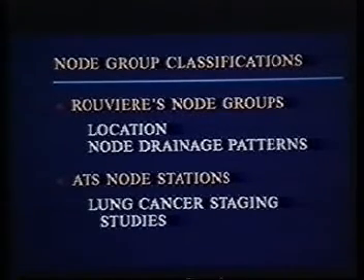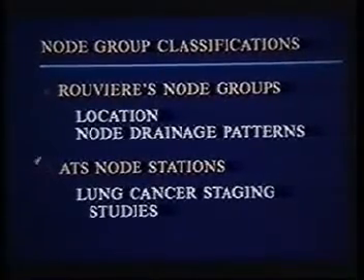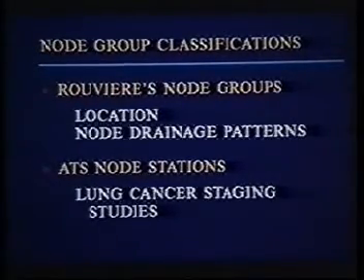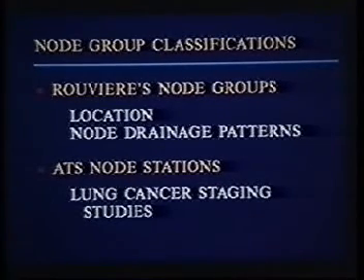Now, regarding the classification of mediastinal node groups, there are several classifications available if you want to localize or classify mediastinal lymph nodes. Rouviere's study from the 1930s, which described lymph node groups and lymph node drainage pathways in the lung and in the mediastinum, is seminal work. His node classification scheme is a little bit complicated for me and involves a number of lymph node groups that you need to consider separately, which can be lumped together into a simpler format.